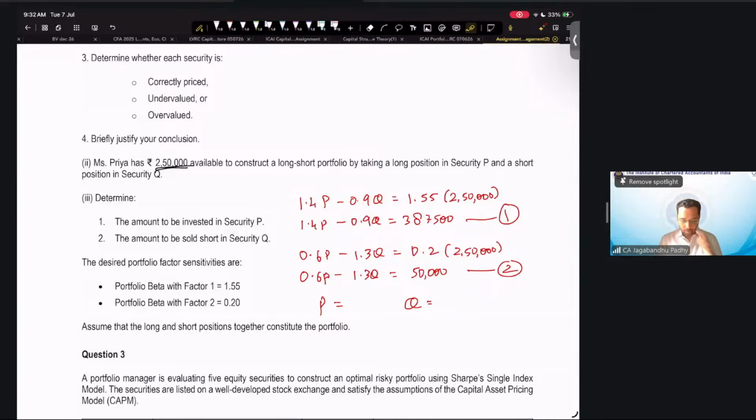So that's the inherent problem of this particular model. We can solve this equation, but it is not going to be consistent with the targeted portfolio betas.